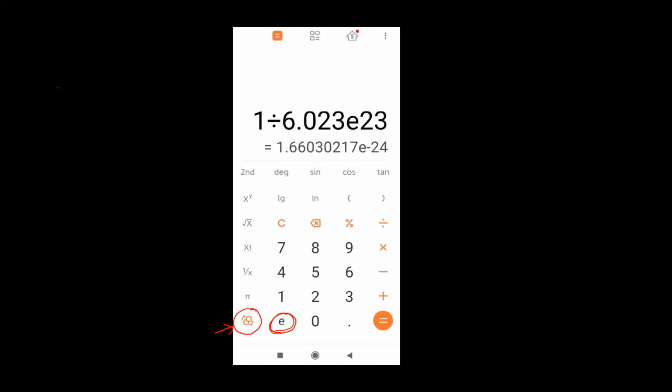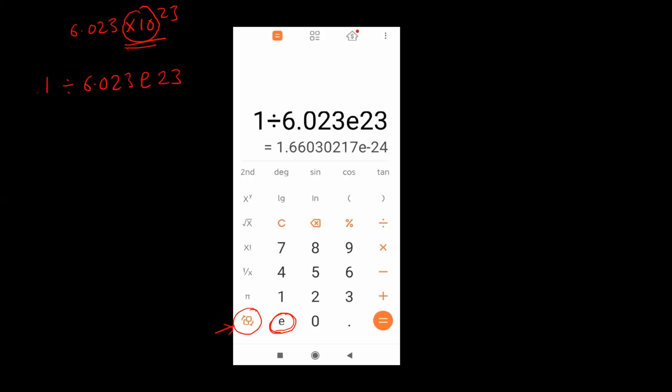After that, you type 1 divided by 6.023. Instead of 6.023 into 10 raised to 23, neglect the term 'into 10'. Instead, you just type E, that means into 10, and simply write 23.